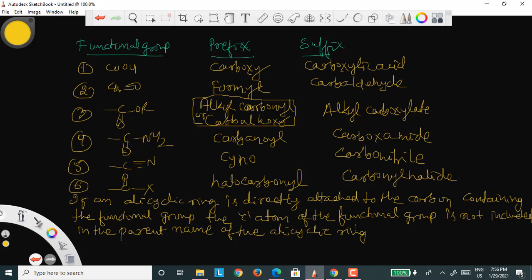The following prefixes are used as functional groups. Okay.